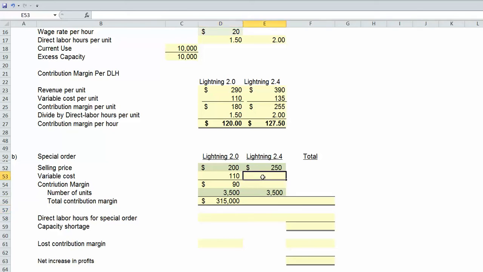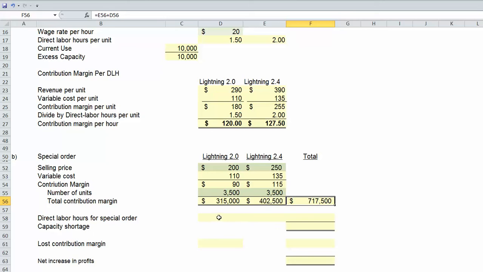For the Lightning 2.4, our variable cost was $135 per unit, and again, our contribution margin, $250 minus the $135, is $115 per unit, for a total contribution margin on the Lightning 2.4 of $402,500. On a combined basis, this special order will increase our contribution margin by $717,500, assuming we don't have a capacity constraint.